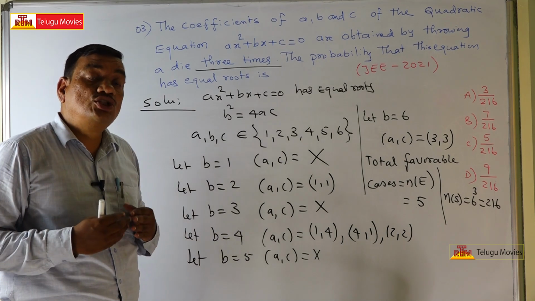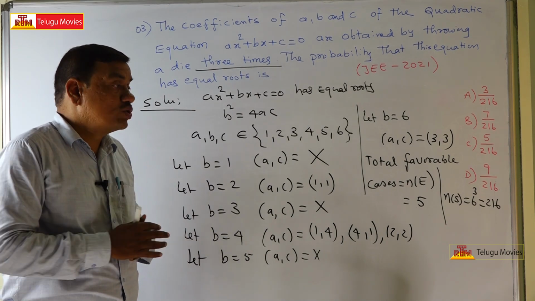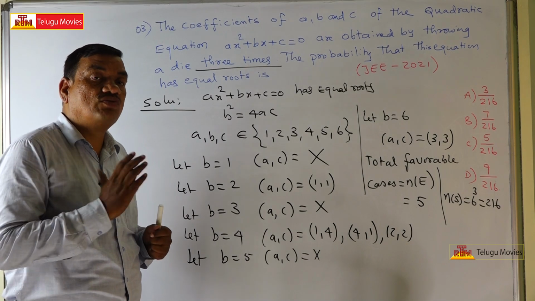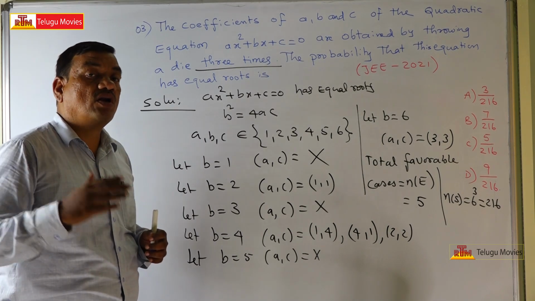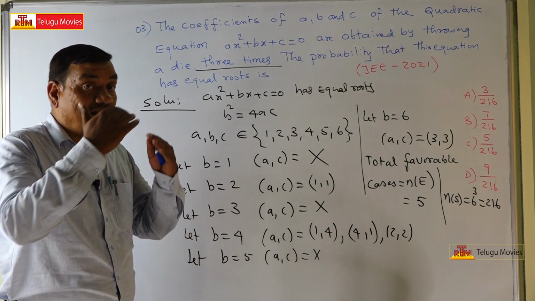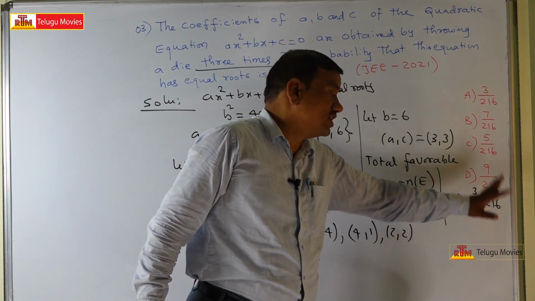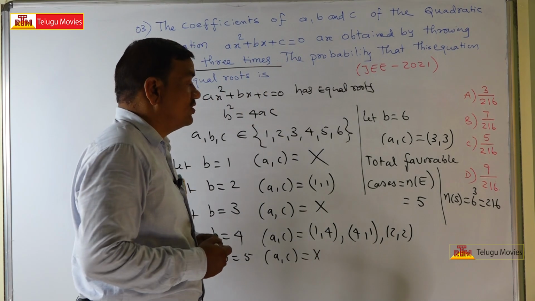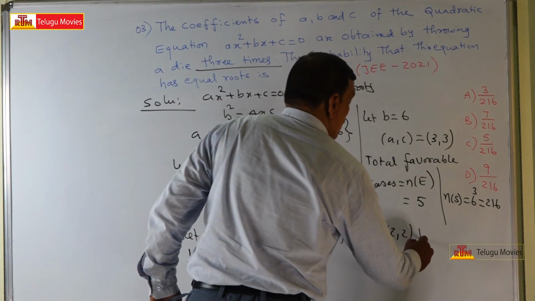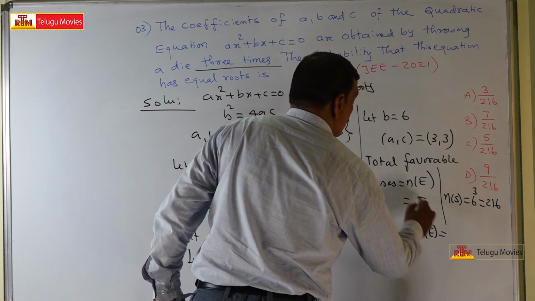If a die is thrown 3 times, you will get an ordered triplet. That means 1 comma 1 comma 1, 1 comma 1 comma 2, 1 comma 1 comma 3. Like that, how many total cases we will get? Total points 216.